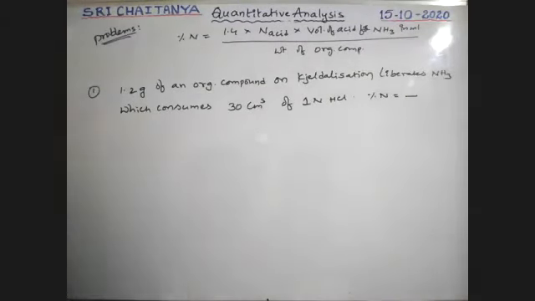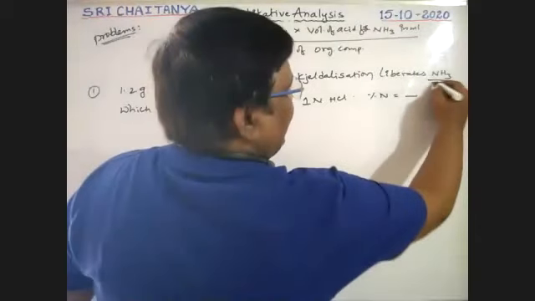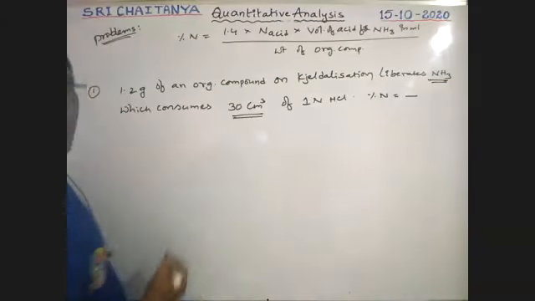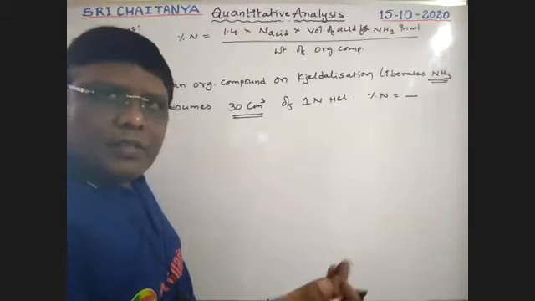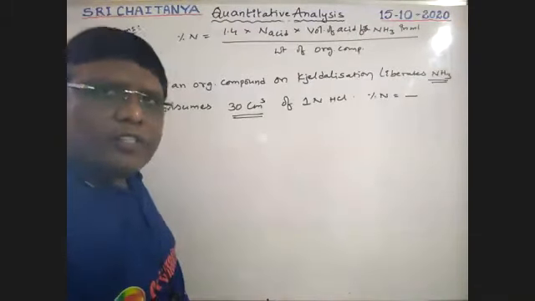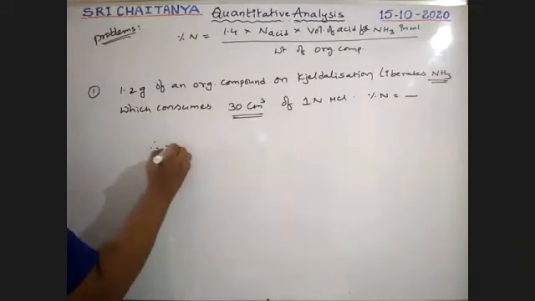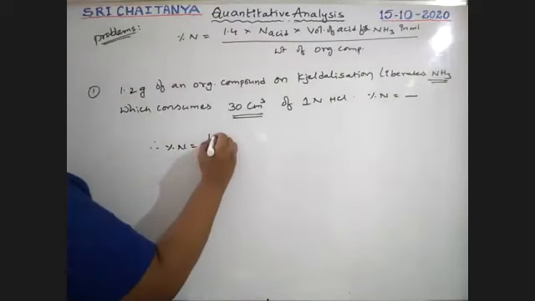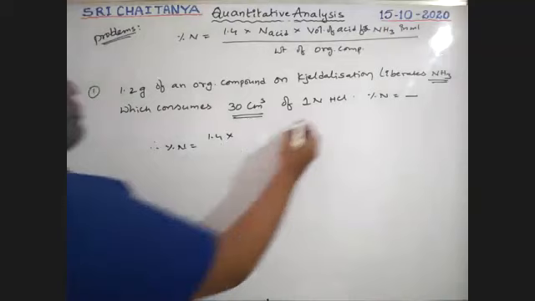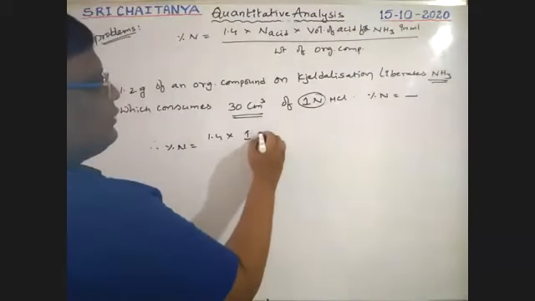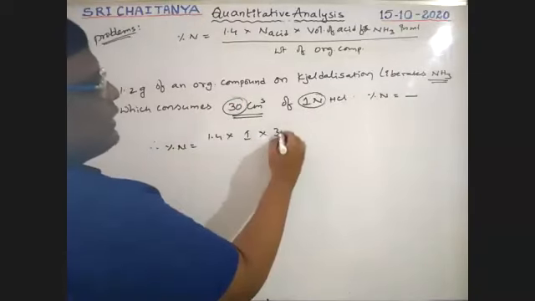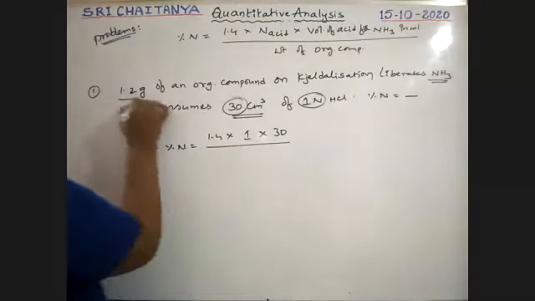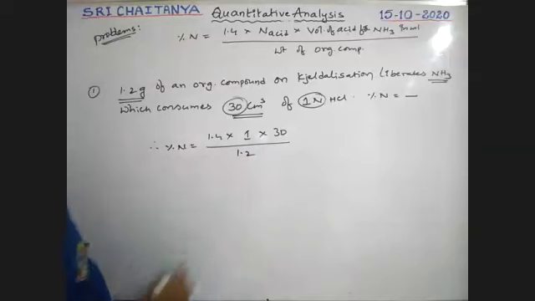See boys, the liberated ammonia exactly uses 30 cm cubed. That means the exact value is given to you, not excess, so we can use this value directly. Therefore, percentage of nitrogen is 1.4 into normality of acid, 1N, into volume of acid exactly used, 30, divided by weight of organic compound, 1.2.